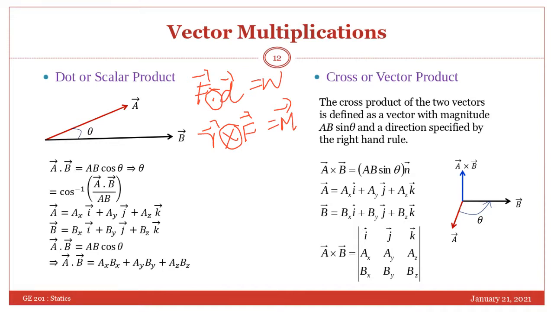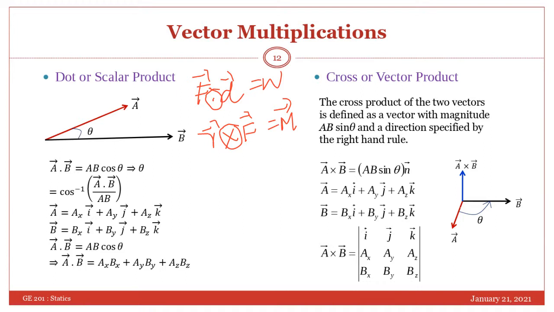That's why the dot multiplication is also called scalar multiplication, and the cross multiplication is also called vector multiplication. When you have vector multiplication, you will have magnitude as well as direction, both.